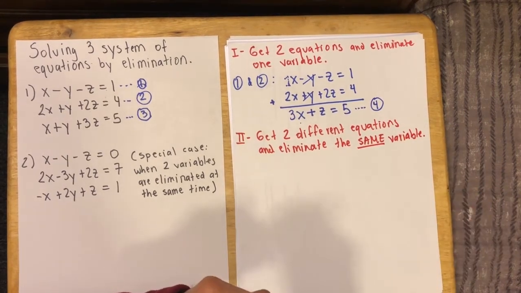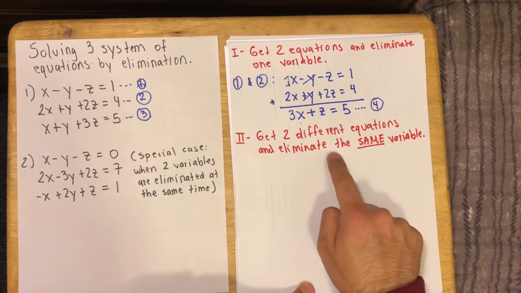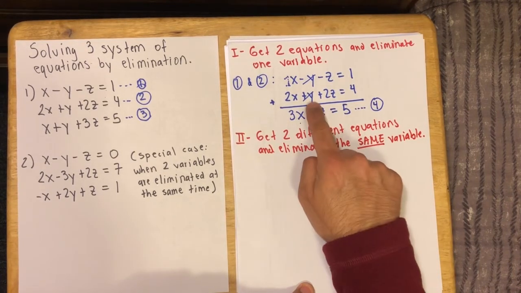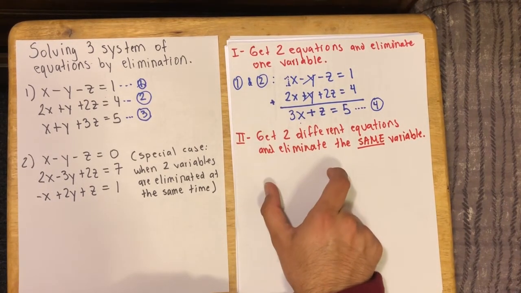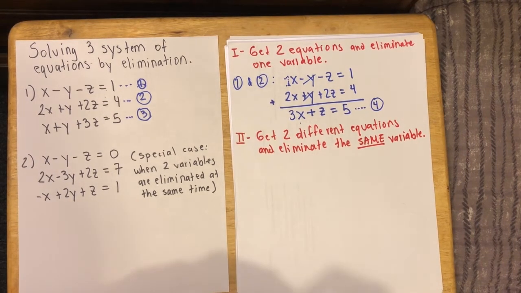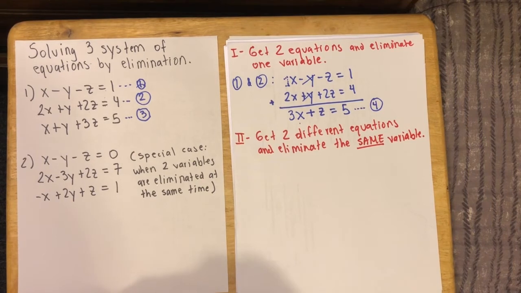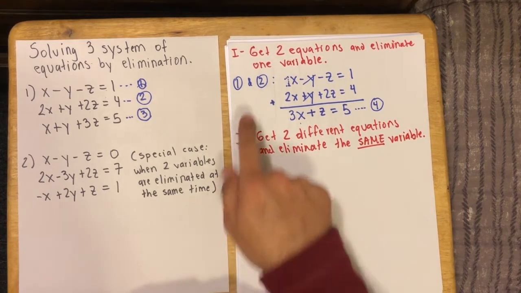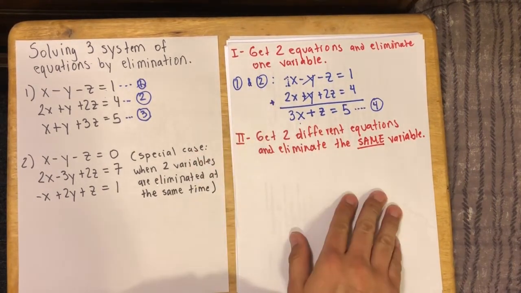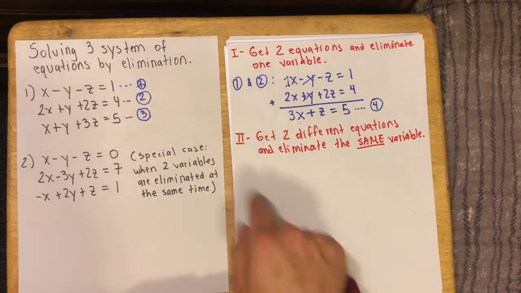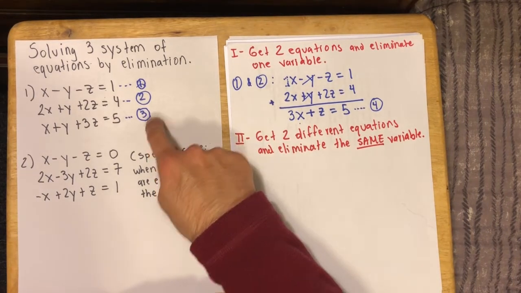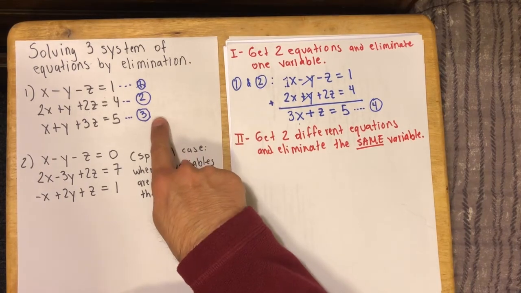If I eliminated y in the previous step, I need to also eliminate y here. So let's pick the two equations where I could eliminate y. Equation 1 and 2, you cannot pick them again. So I need to pick either 2 and 3 or equation 1 and 3.